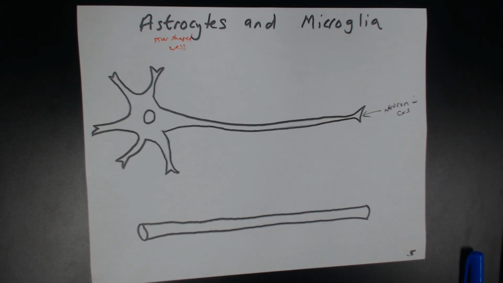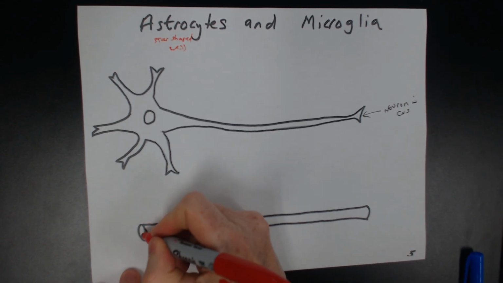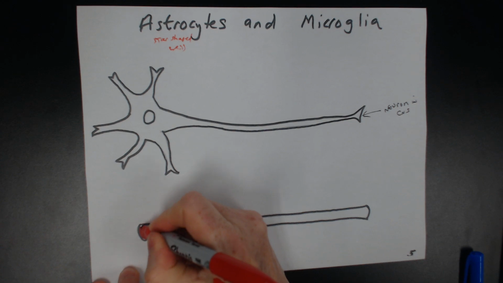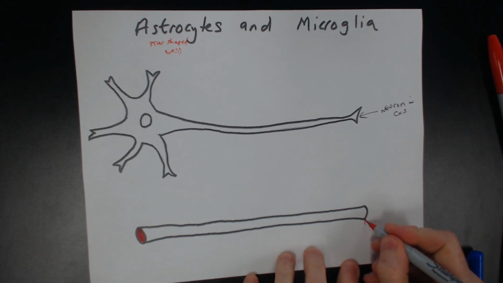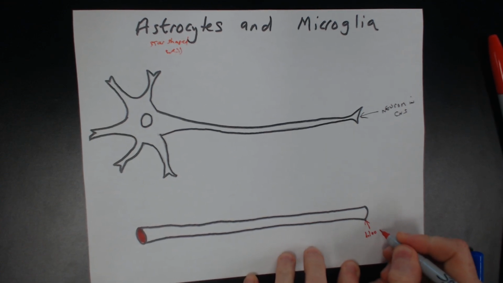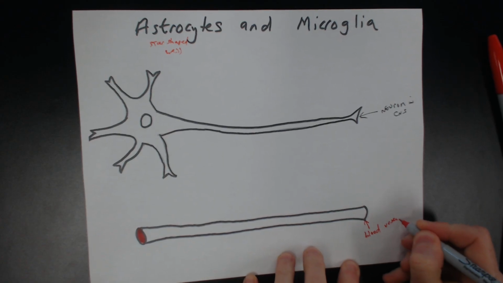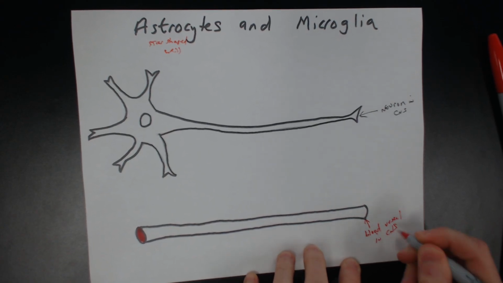And down here below, all I've done is drawn my representation of a blood vessel. There's going to be a blood vessel in the CNS. We covered that blood supply the other day. You can pick your favorite, ACA, MCA, PCA, whatever you want to choose. Okay, so this is going to be blood vessel in the CNS.